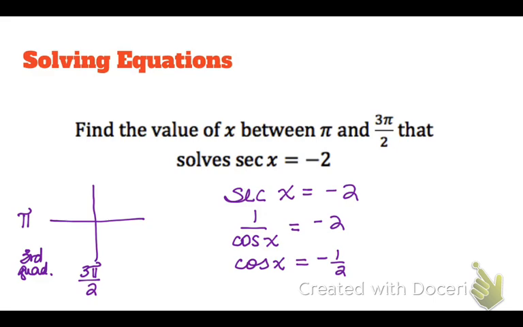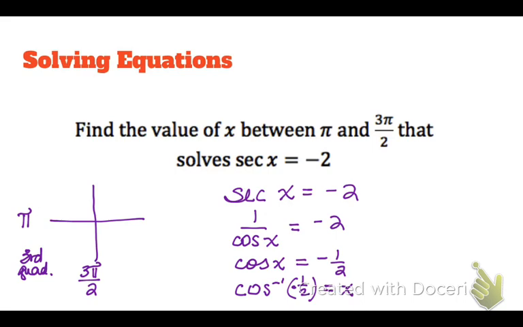So the question I'm asking then would be, what is the angle measure that is going to give me a cosine value of -1/2 if I'm in the third quadrant? You can use your reference angles to help you with this.